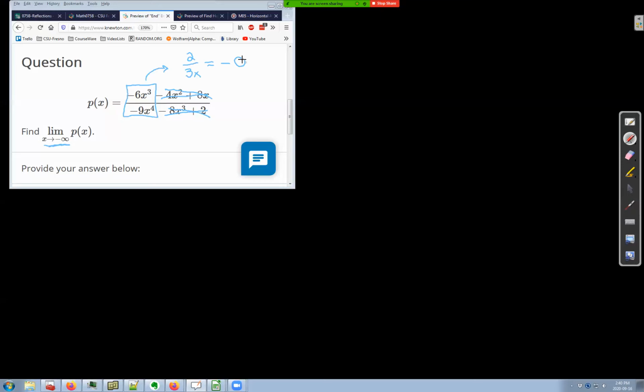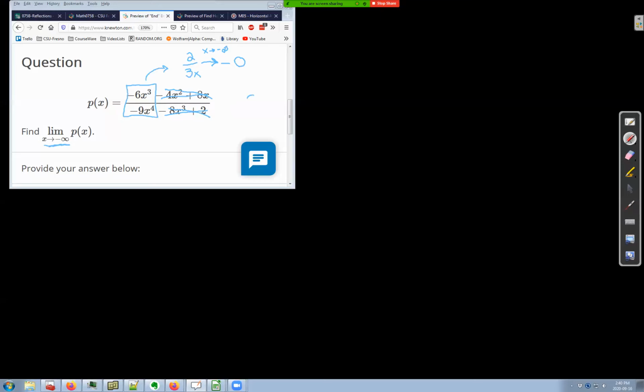So they're basically getting 0 cookie. Oh wait, I wrote the wrong thing there. I should not have written an equal sign. Bad on me. Those 2 things are not equal. What I should have put was a little limit arrow. As x goes to negative infinity, that expression goes to 0.